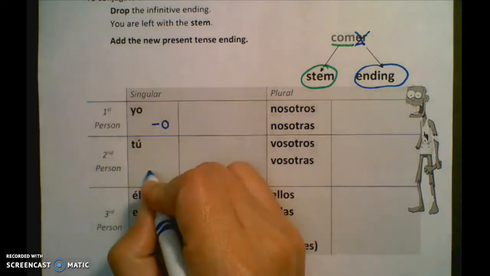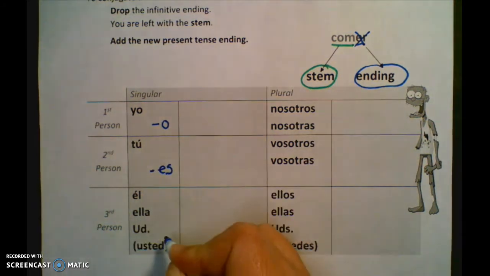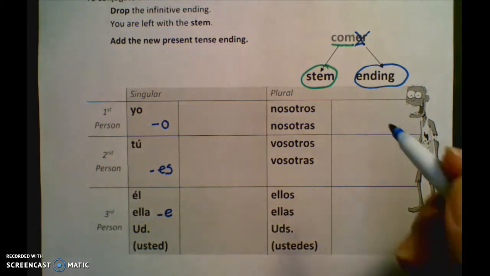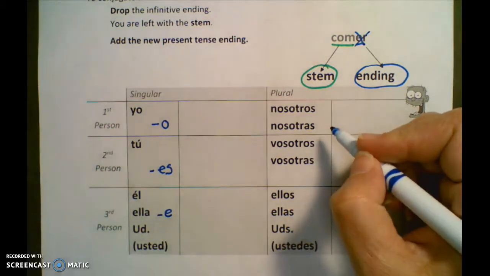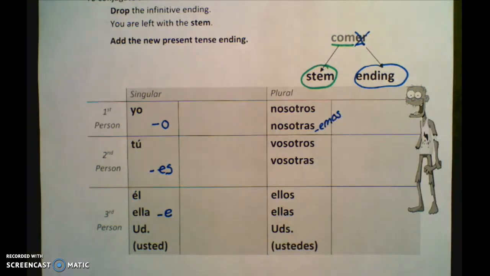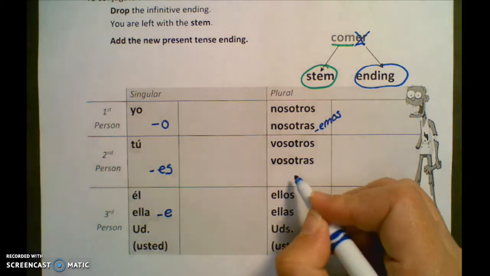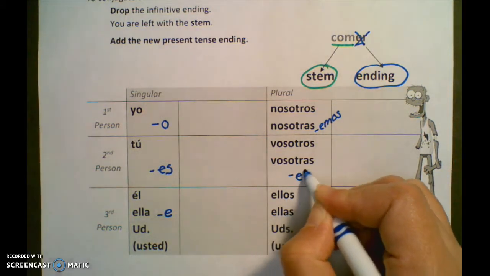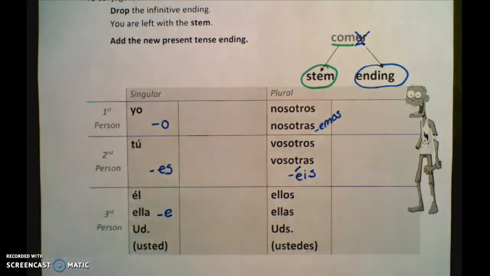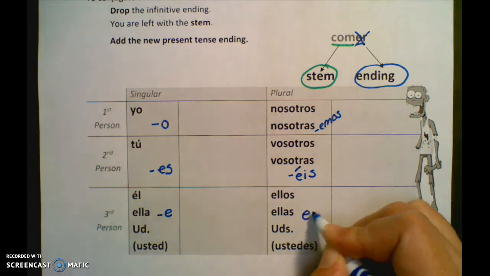Tú, instead of as, we have es. Él, ella, usted, instead of a, we have e. Nosotros and nosotras, instead of amos, we're going to have emos, which isn't going to fit very well in the box, but you get the idea. Vosotros and vosotras, instead of áis, we're going to use éis. The accent mark goes over the A in an AR verb, goes over the E in the ER verb, and instead of an, we're going to use en.